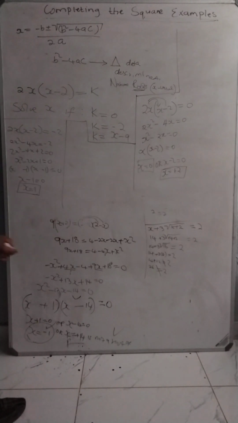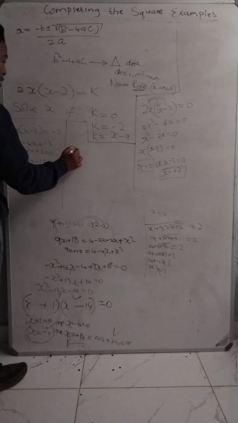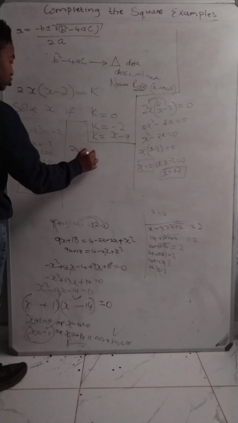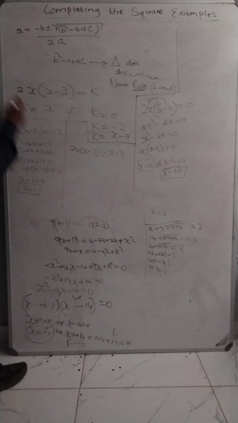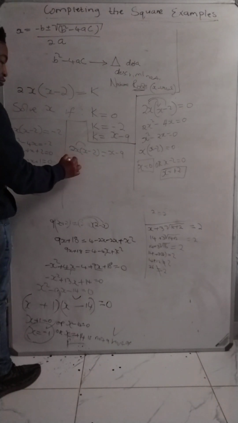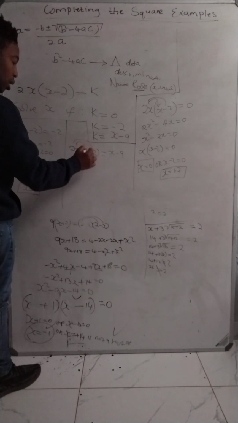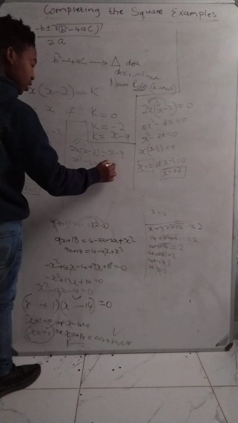Then let's try the last scenario. When k is x minus 9, you'll have 2x into x minus 2 is equal to x minus 9, placeholding for k. Likewise, you'll have 2x squared minus 4x is equal to x minus 9.